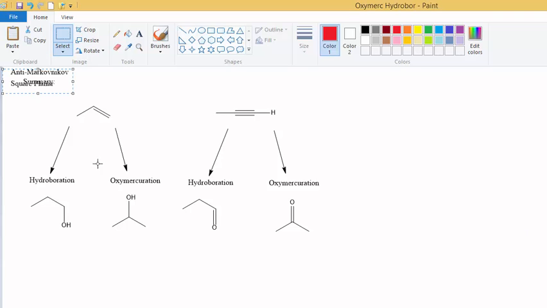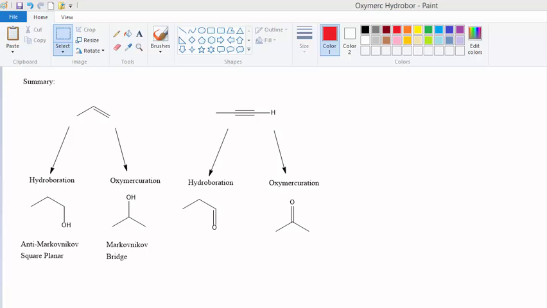With the hydroboration, we're calling it anti-Markovnikov because of the fact that this went on the less substituted and the H adds the more substituted. And if you remember that intermediate, it was a square planar intermediate. In contrast to the oxymercuration, where again we were doing a Markovnikov addition, which means this adds the more substituted side, and we once again formed that bridge that we saw in a lot of the halogenation reactions.